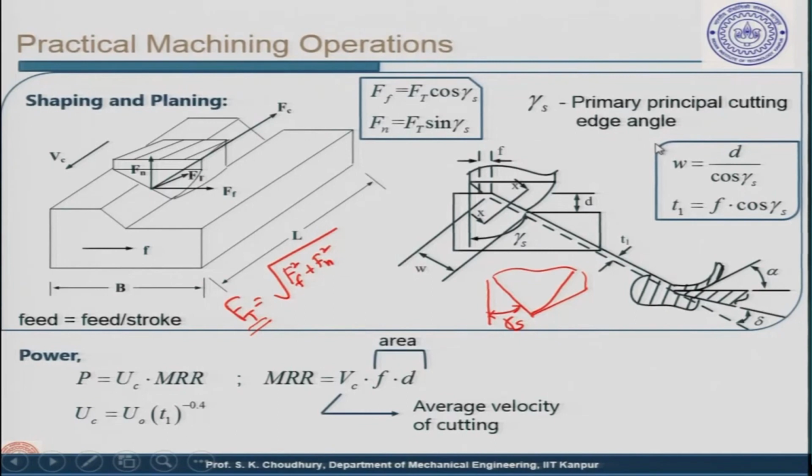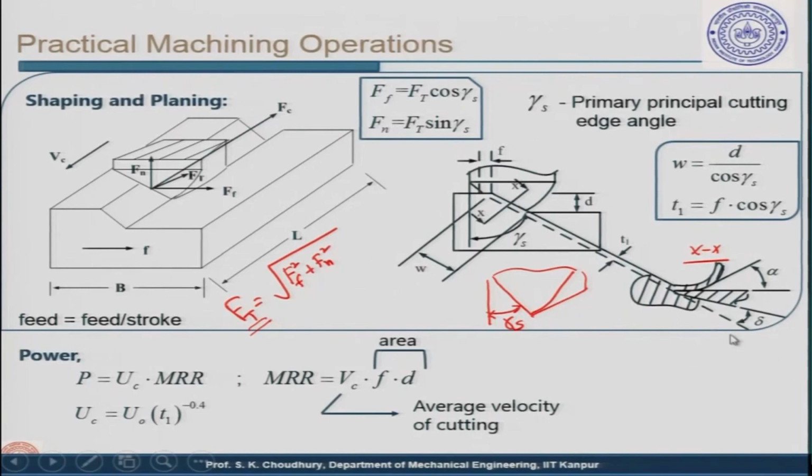Now, geometrically, this is the same as in case of turning. The width of cut, which is this distance here, is equal to the depth of cut divided by cos of gamma s, and we get T1 in the same way if we take a cross section XX here, as we have taken in case of turning.